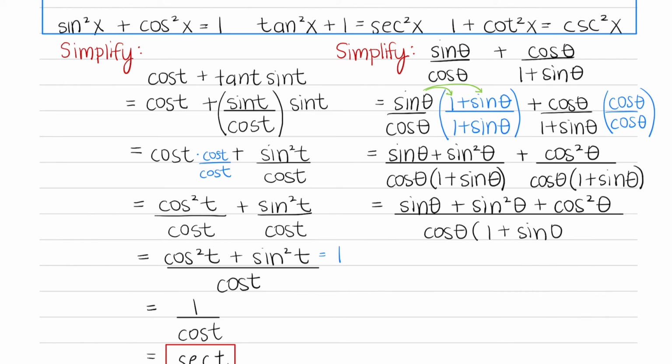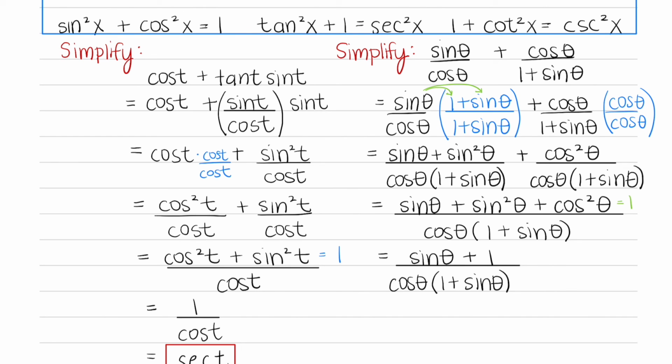And we notice here in the numerator we have sine squared theta plus cosine squared theta. And if we look up at our Pythagorean identities, we are told here that sine squared plus cosine squared equals 1. So we can go ahead and replace this sine squared plus cosine squared with 1. So let's write this as sine theta plus 1 over cosine theta times 1 plus sine theta.